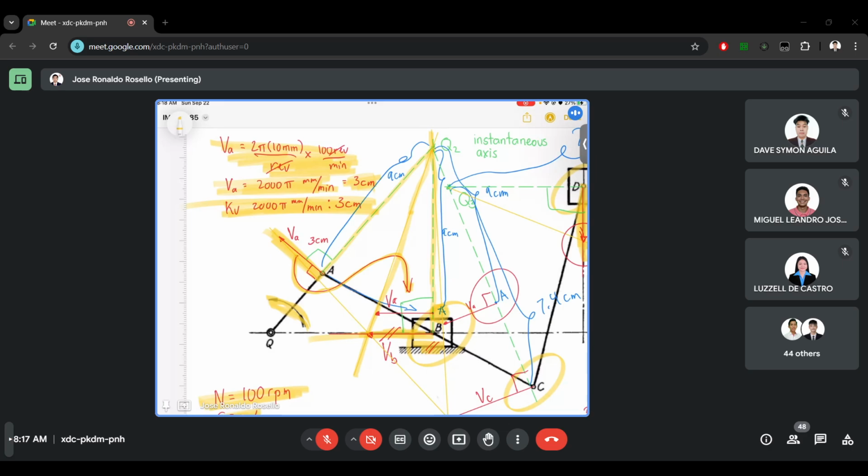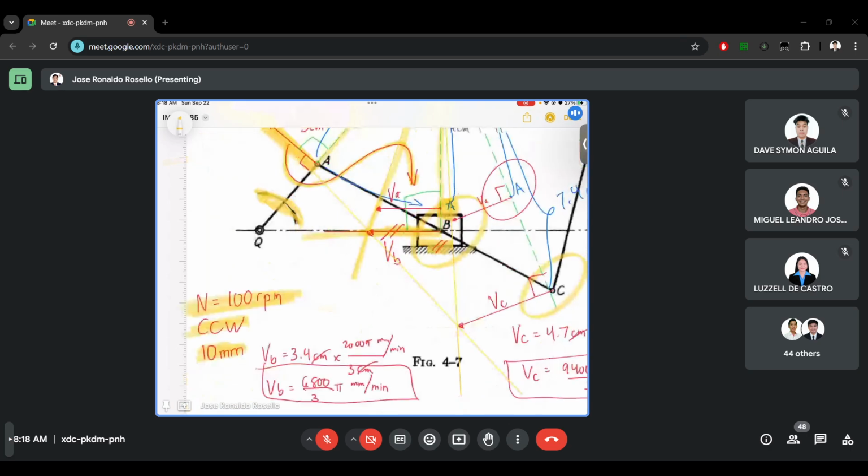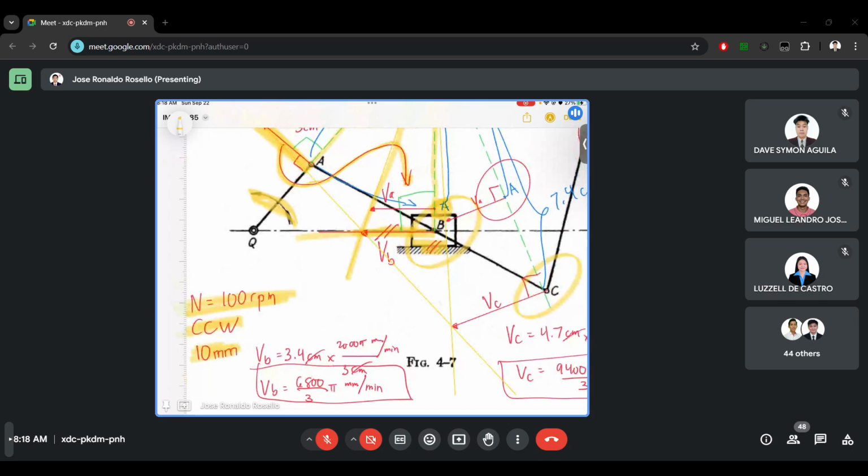Since the direction of velocity B is already given, it will intersect with this proportionality line, and their intersection will be the end of vector VB. So once we have determined the end, we can now draw the arrowhead, and let's measure the length. And we have determined that velocity B is 3.4 centimeters in length. Let's multiply it with our velocity scale, and now we have the actual velocity of B.